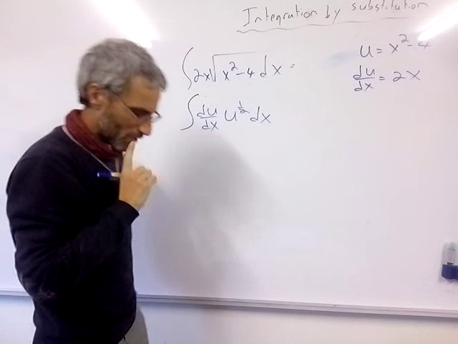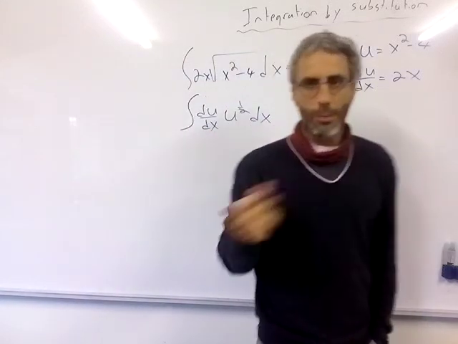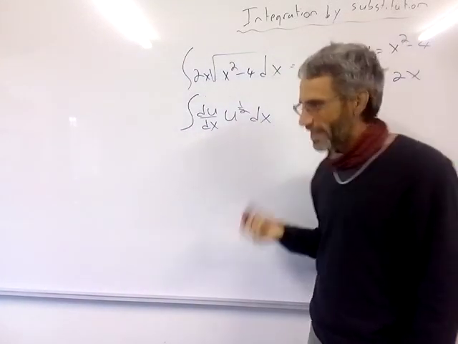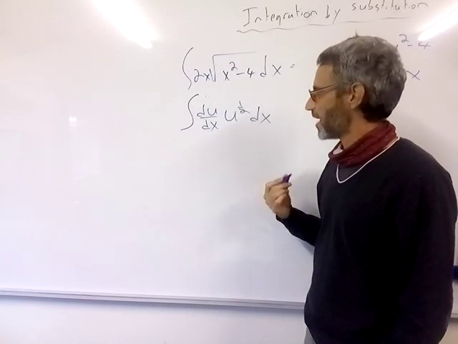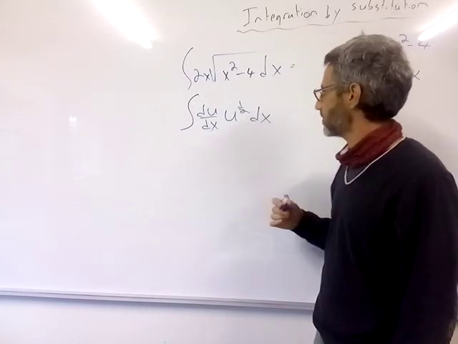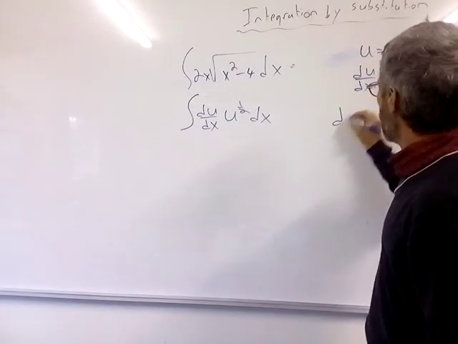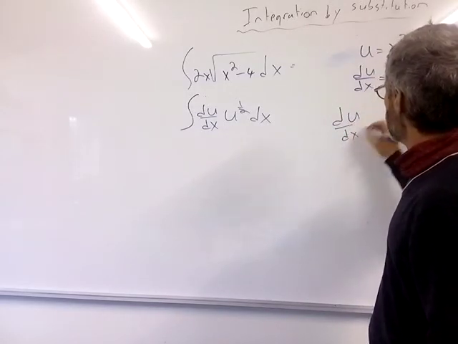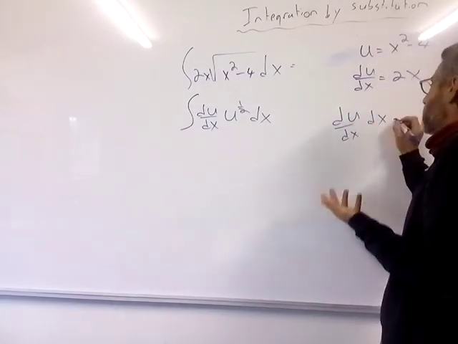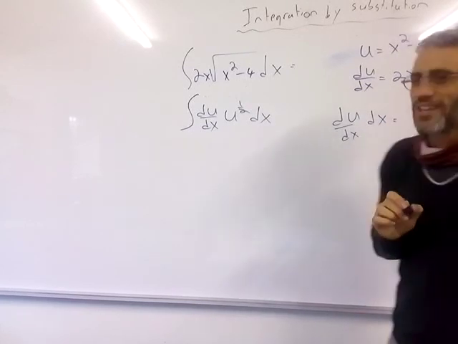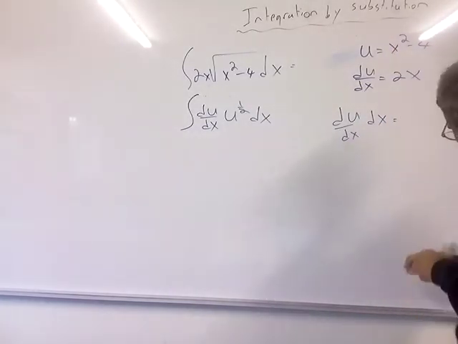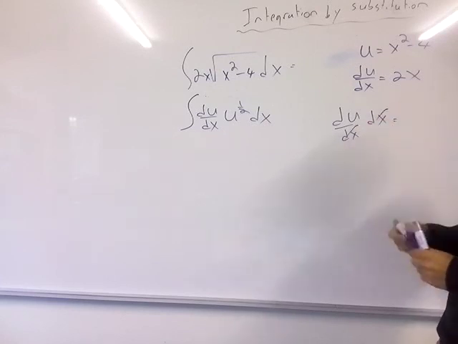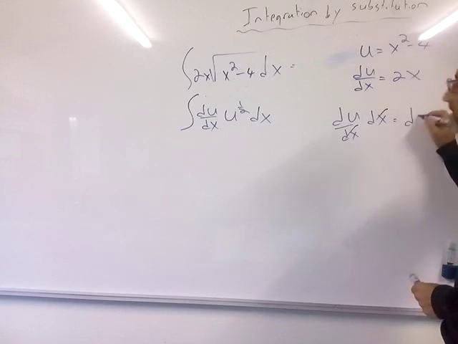Now comes something that I could spend half an hour explaining why I can do it, but I'm not going to, because it's not really important for high school math. In university, you'll have to understand it. What do you reckon du over dx times dx is? I'm guessing it might just cancel. Yeah, you can kind of cancel it. These two cancel, so you end up having du.